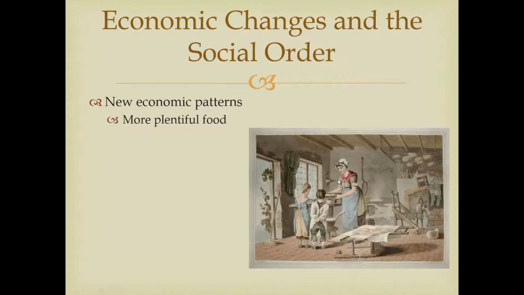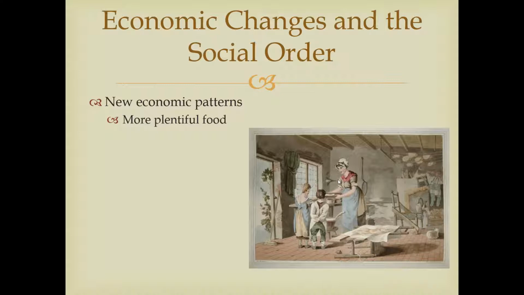You're going to start seeing more plentiful food. So this means that people can eat better. The price of food is going to go down. And so as people are eating better, you're seeing healthier people. This technology is allowing food to be eaten that wasn't available before to poorer people.